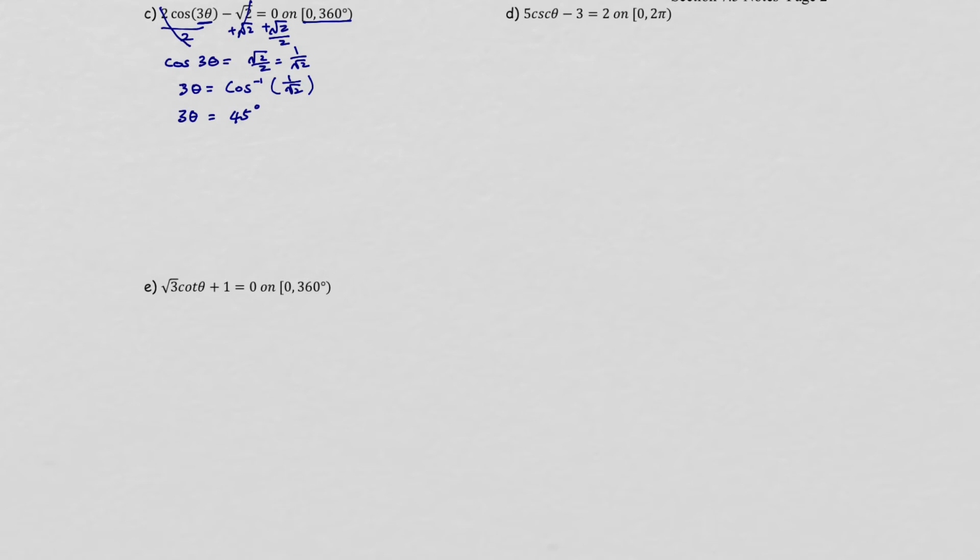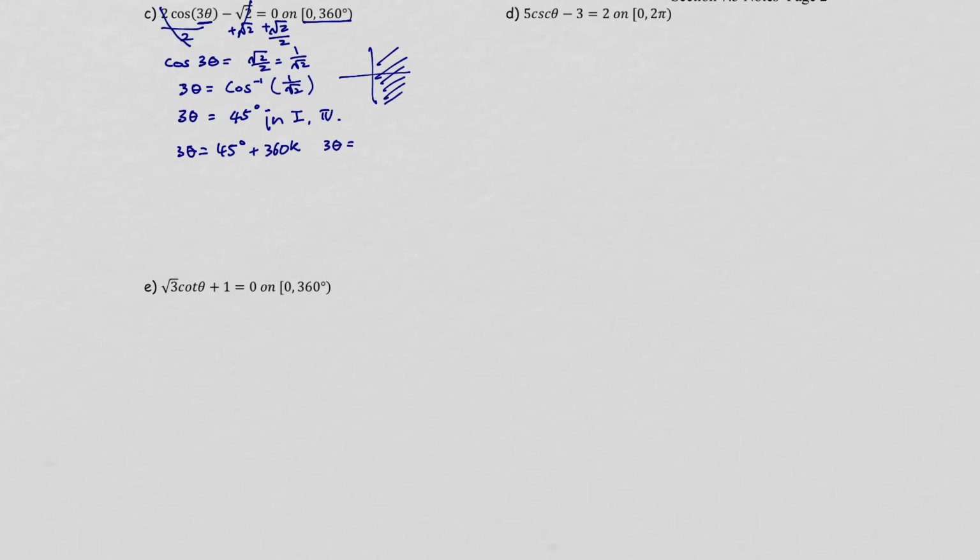Positive cosine is x being positive. So all this is x positive. So it will be the first quadrant and fourth quadrant. First quadrant is going to be 45 degrees plus 360K.